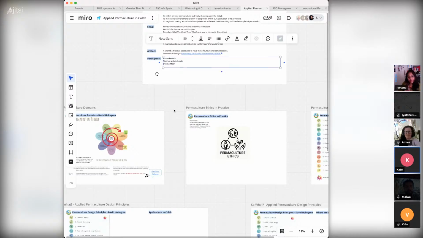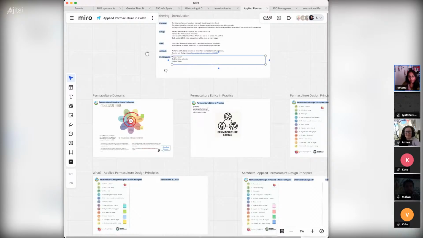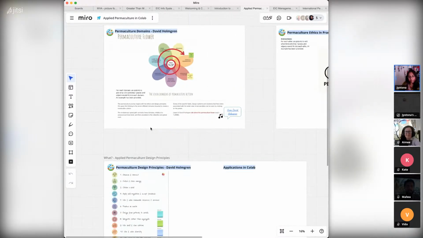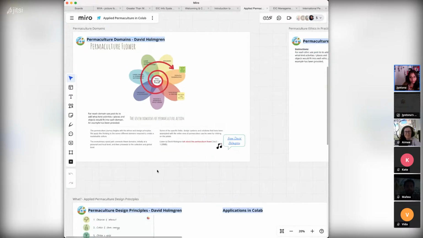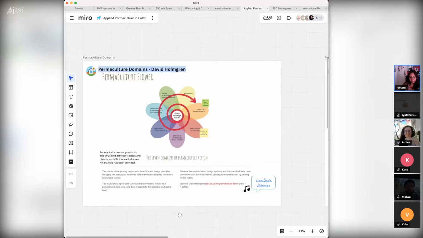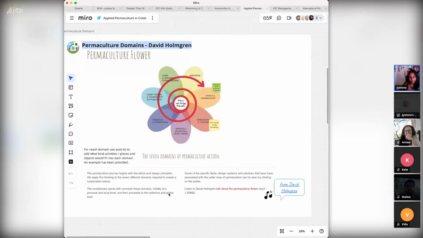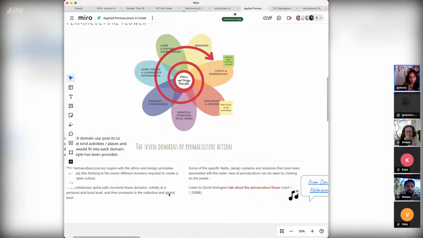Yeah, so let's go through the permaculture flower quickly. This shouldn't come as a surprise. Just a quick refresher on the ethics and design principles.